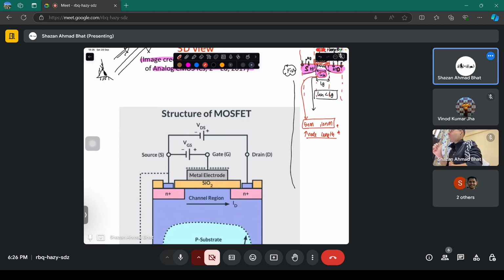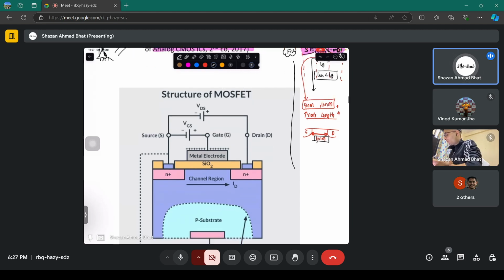But currently, the channel length is at least 10 nanometer, 10 to 14 nanometers. That means the distance between the source and the drain is approximately 10 nanometer currently being used. 10 nanometer means there are a few lattice cells available between the source and the drain.